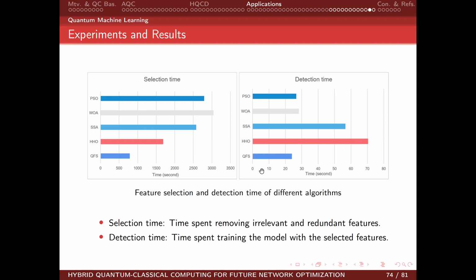However, the training model takes only 25 seconds based on features provided by the quantum feature selection algorithm. So we can see that if we choose the quantum feature selection algorithm, it can save us a lot of time. It can save us the selection time, and it also can save us the training time.